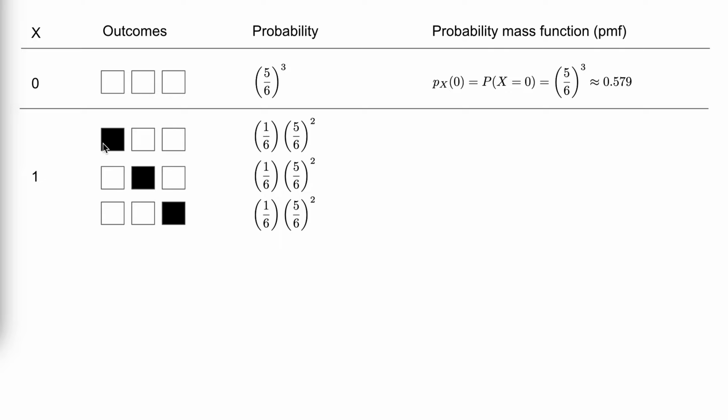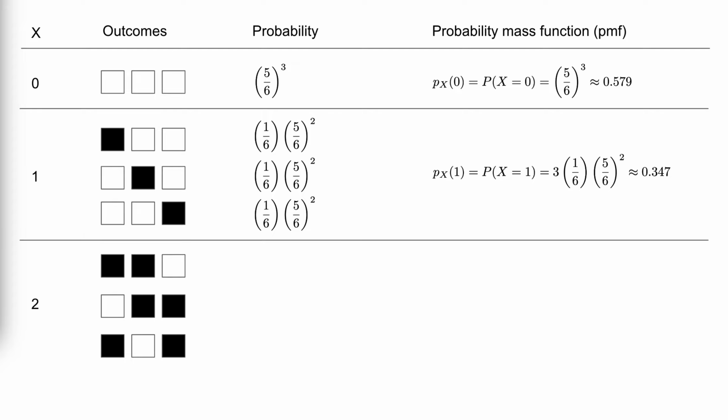For example, there's a 1/6 probability that the first roll is a 6, a 5/6 probability that the second roll is not, and a 5/6 probability that the third roll is not. Overall, then, the total probability that x equals 1 combines these 3 scenarios. The PMF evaluated at 1 is 3 times 1/6 times 5/6 squared, or roughly 0.347.